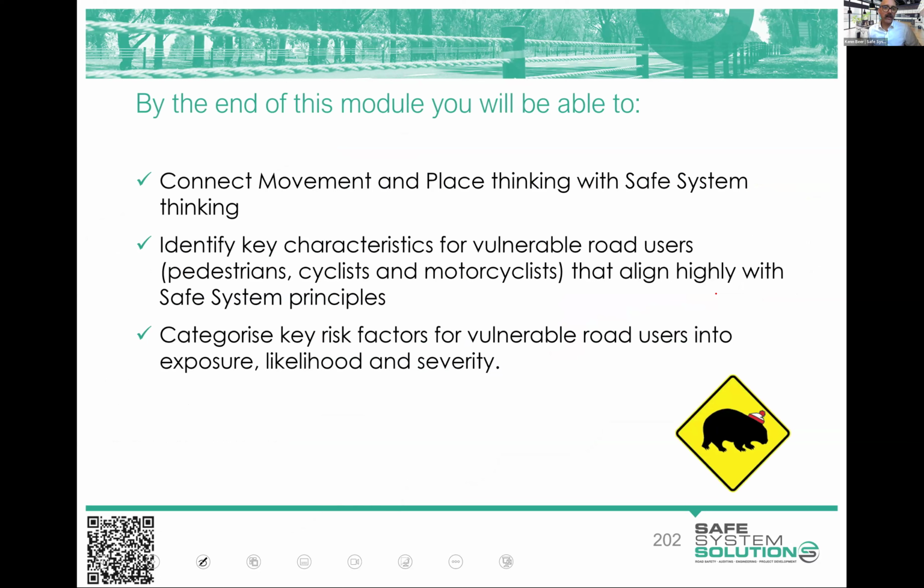To do that, connecting movement and place thinking with safe system thinking is pretty important. We're going to talk then about the characteristics of vulnerable road users and ways that we can create road environments and system elements that give us high alignment with safe system principles for different vulnerable road users. And we will, of course, be talking about exposure, likelihood, and severity.